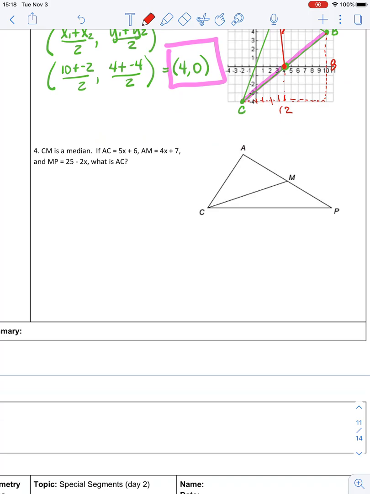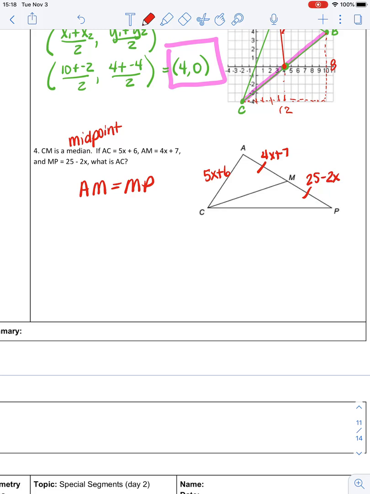So using what we know about a median, it says CM is a median. So as soon as you think median, you need to be thinking midpoint. So that means that M is the midpoint. So AM is equal to MP. That's what that means. So if AC is 5x plus 6, and AM is 4x plus 7, and MP is 25 minus 2x, what is AC?